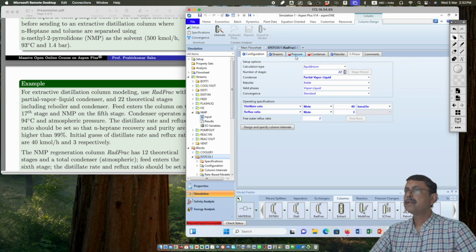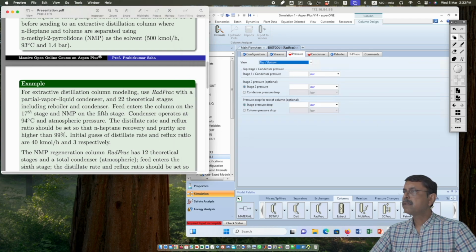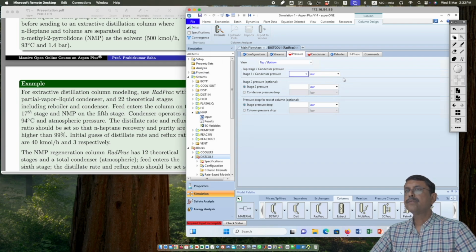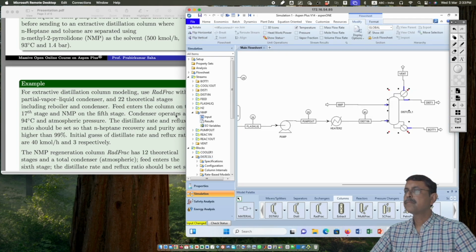And then the condenser pressure has been given. It is atmospheric pressure, so it is 1 atmosphere, and the condenser is at 94 degrees centigrade. So it is 94. That way the distillation column 1 is fixed.